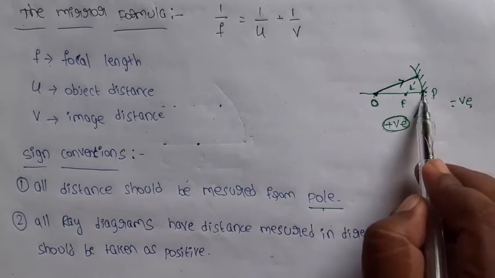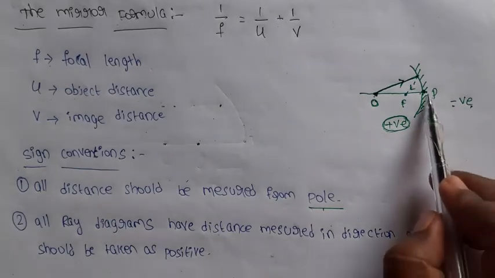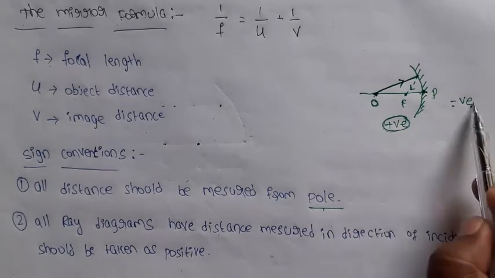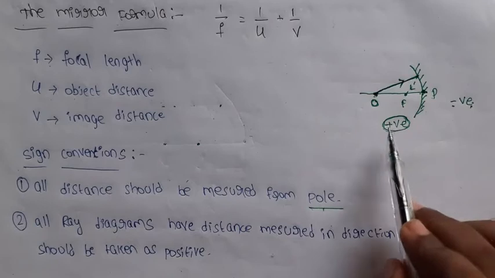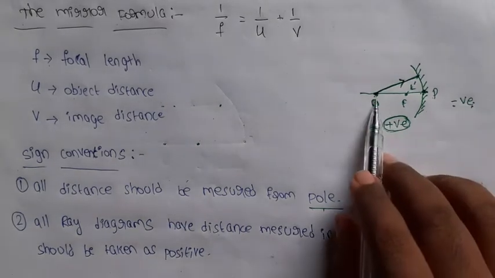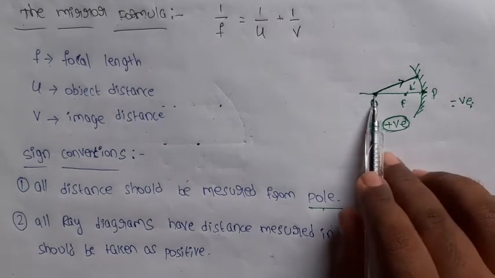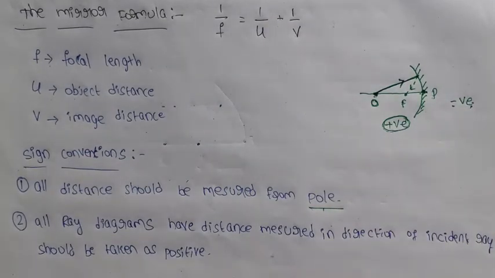Are you clear on this point? Object to pole is positive, pole to object is negative.